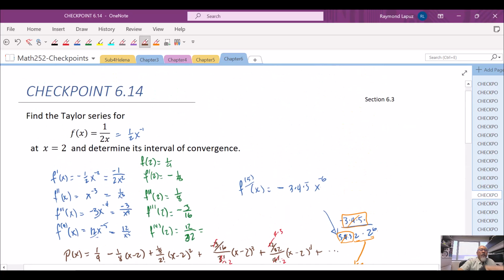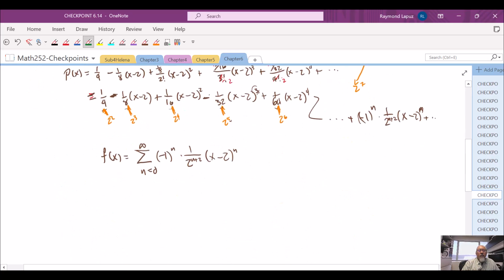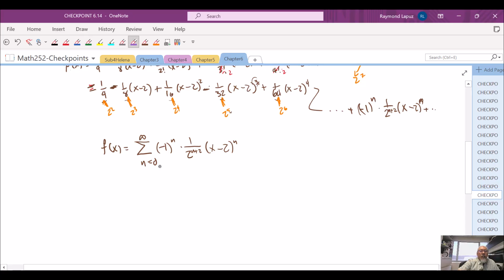Now that we have a series, let's actually figure out the interval of convergence. All right, so we'll go over here and find the interval of convergence. And to find the interval of convergence, we need to use the ratio test.